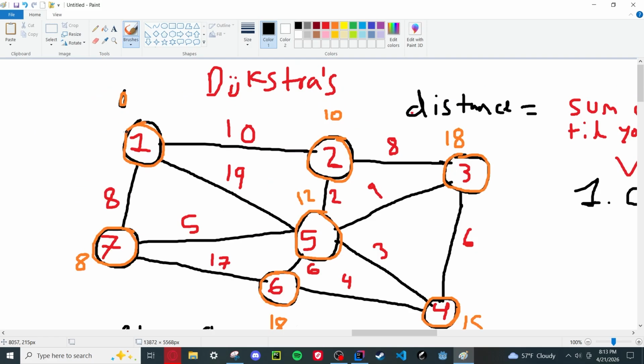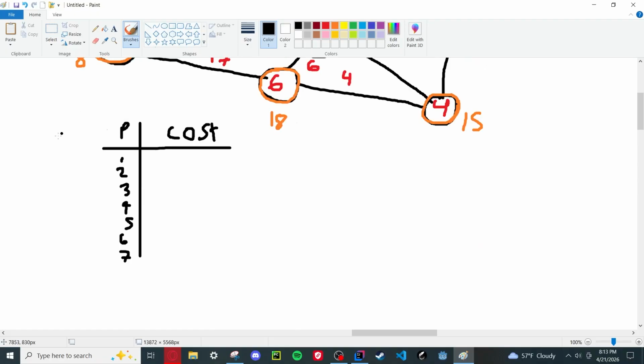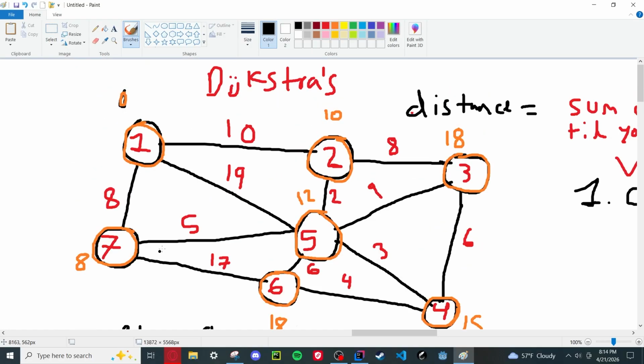So we started on 1, right? This was the starting point, and then we did everything from that. So what this is telling us is the cost to go from 1 to 1, from 1 to 2, from 1 to 3, from 1 to 4, from 1 to 5, from 1 to 6, from 1 to 7. It doesn't tell us the path, because that was never Dijkstra's job.